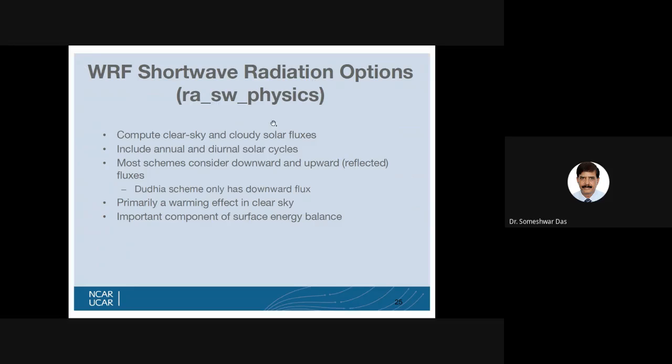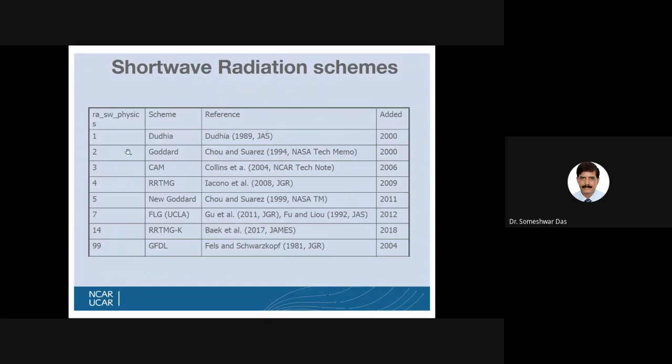Okay, this is the short wave radiation parameterization. They are the options available for short wave parameterization. They are the options 1, 2, 3, 4, 5, 7, etc., and they are the schemes. If you are choosing option 1, that means you are using the Dudhia scheme, which was published in Journal of Atmospheric Sciences in 1989, okay, and added to the WRF model in 2000.